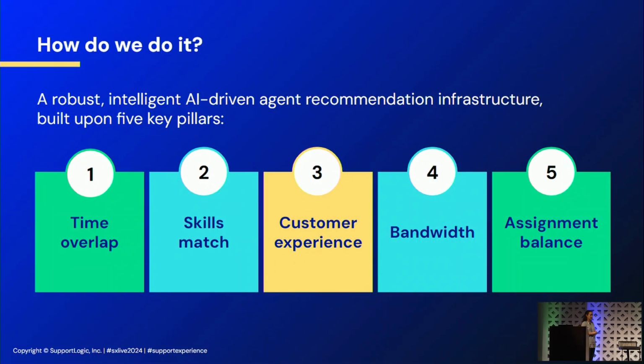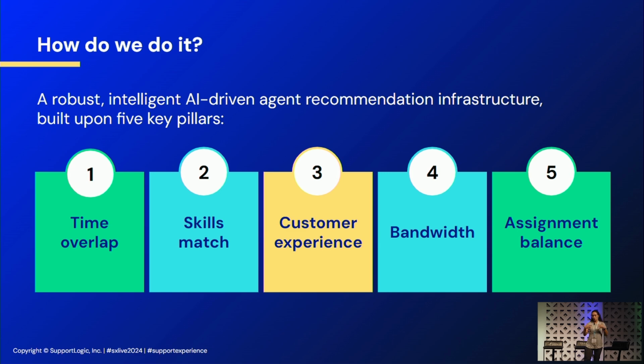So how do we do it, right? You're talking about all those components and all this stuff. At SupportLogic we maintain a 5-pillar agent recommendation infrastructure. Each one of them is packed with a lot of modules and a lot of logic. There are a lot of combinations between those pillars, which help us bring all this together.